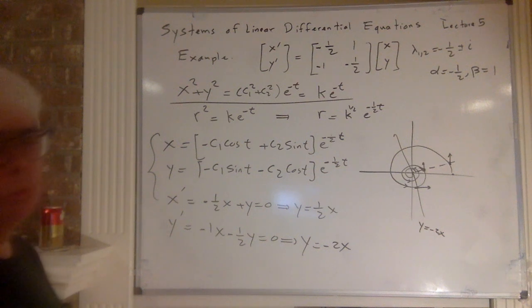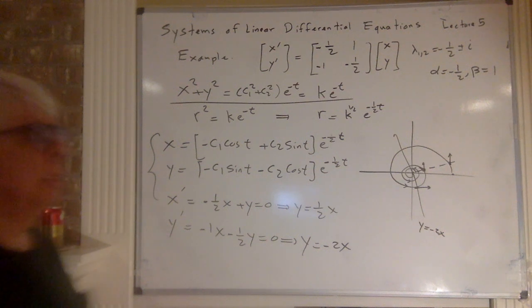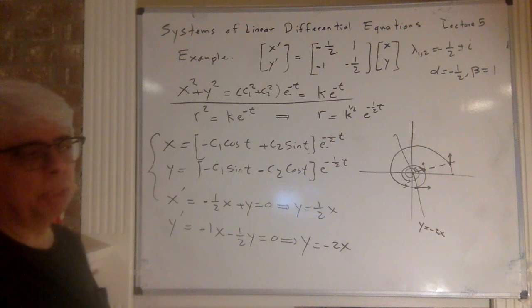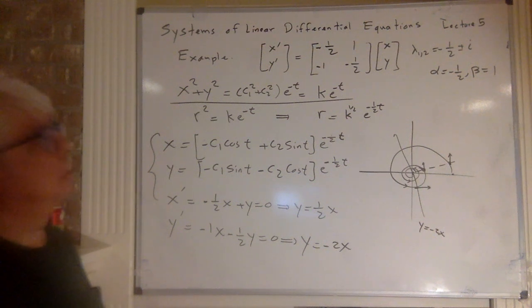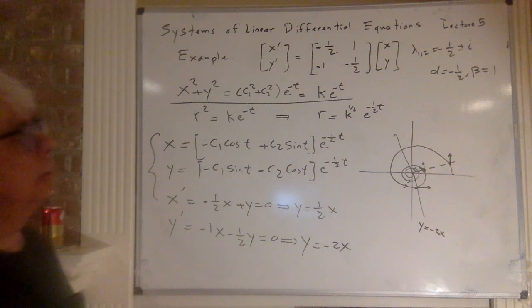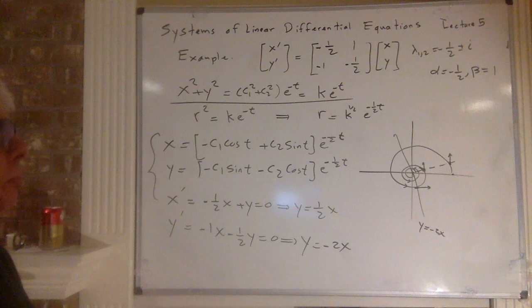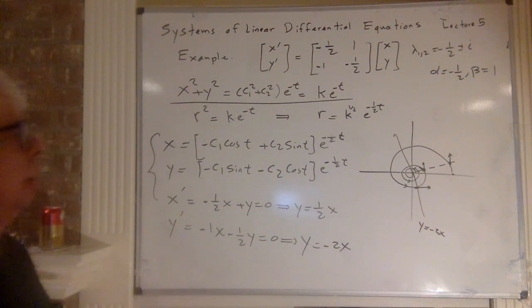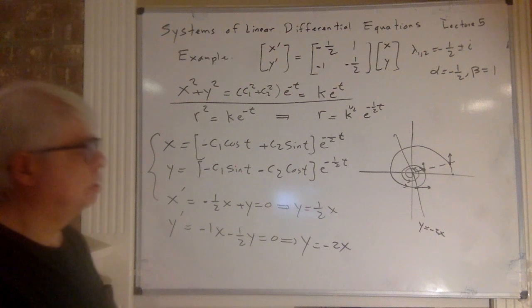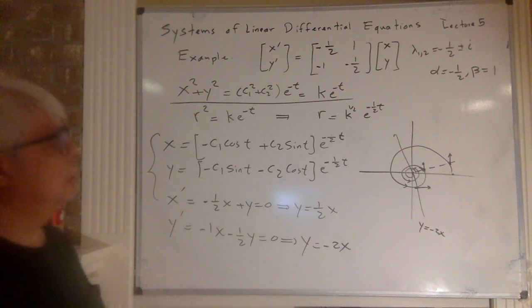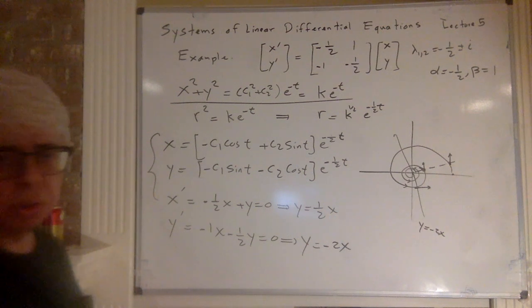I have given a proof of Abel's theorem, but you can just skip that. That is a technical theorem about the derivative of a determinant. So anyway, I'm not going to discuss that.